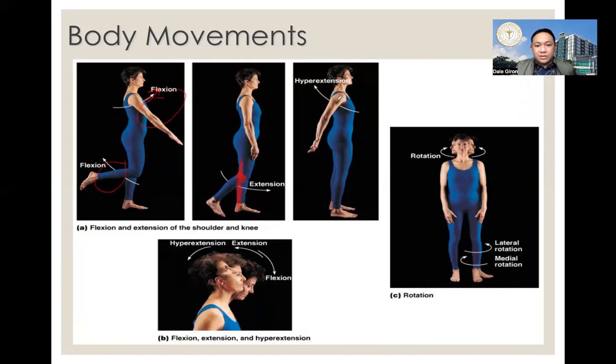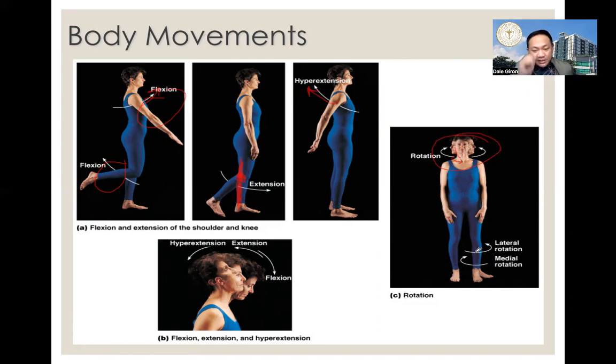This one is hyperextension, shoulder hyperextension. Rotation, as mentioned, is on a long axis, so you can rotate. Of course, it doesn't go toward the back. You cannot have a 360-degree rotation.